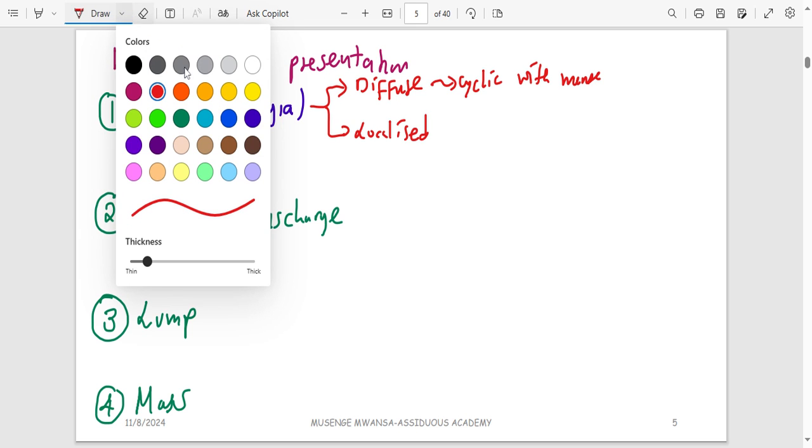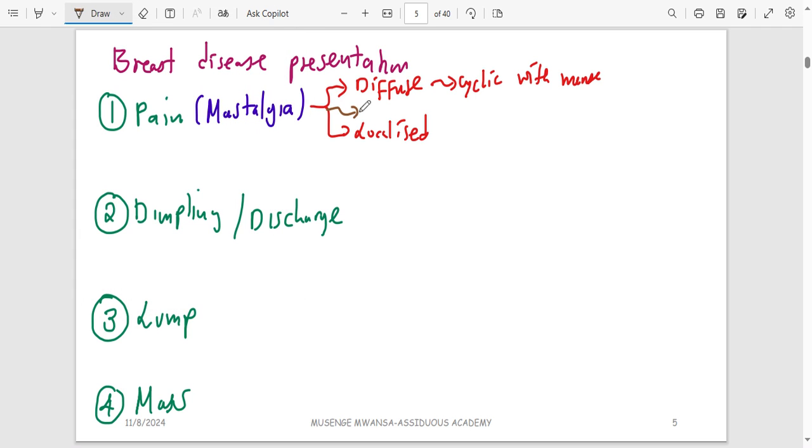Please take note. Majority of the pain felt on the breast is not malignant. It is benign. Most of the malignancies of the breast, the cancer of the breast, will present painless. That is why it is identified a bit later on when it has become worse.